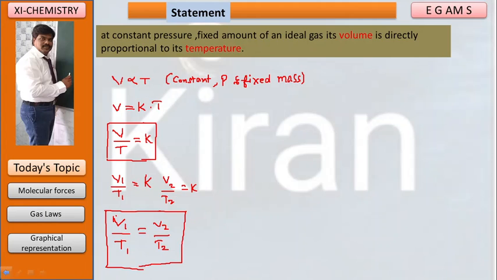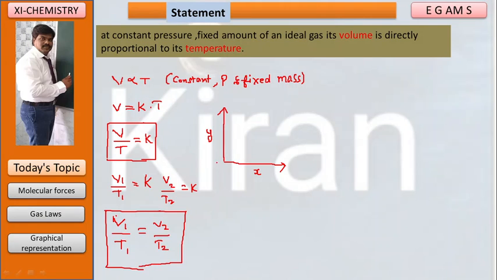Now, what is the graphical representation for this? So V is equal to some constant K into T. It looks like Y is equal to mx. So when Y is equal to mx, the Charles law we can represent in this manner. So this is x-axis and this is y-axis.